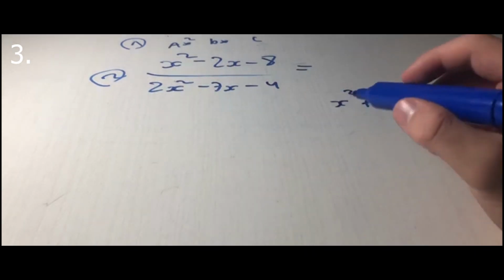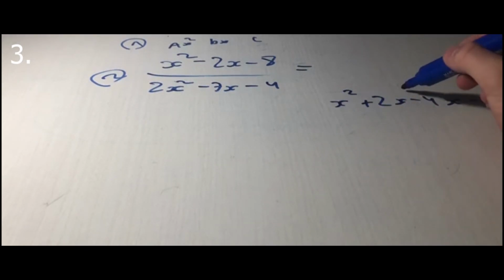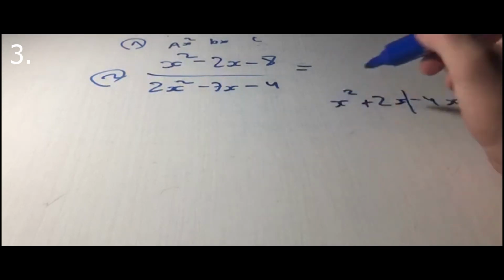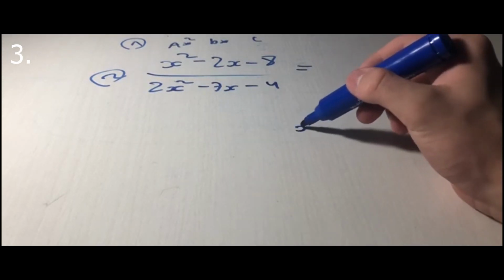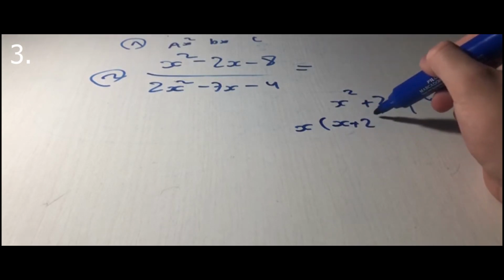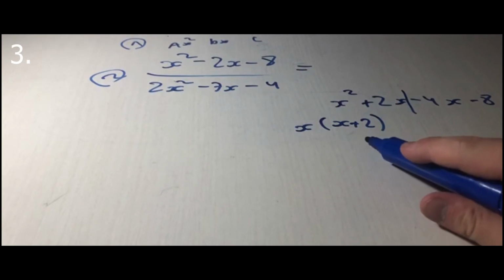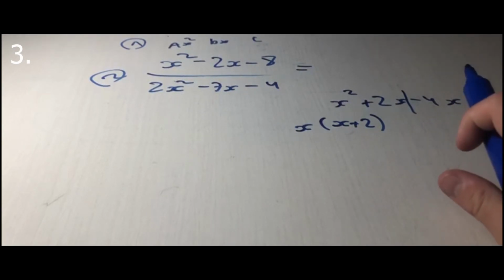Let's do the GCF. We have to separate these numbers first. The GCF of these two numbers is x, open parentheses, x plus 2, close parentheses, and these parentheses have to be the same for the other equation to work.